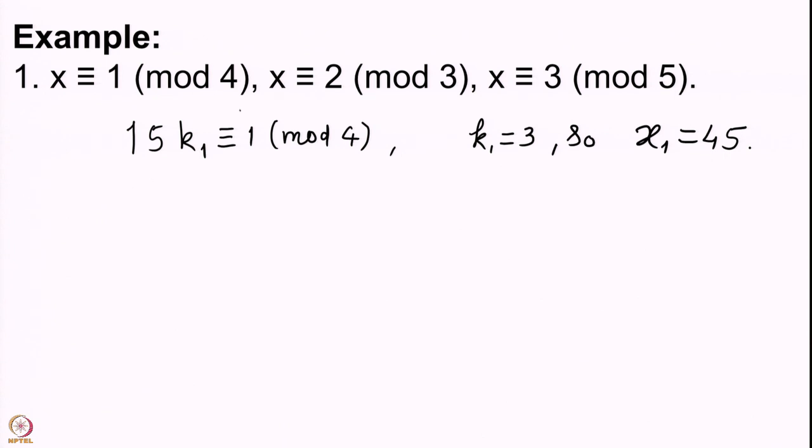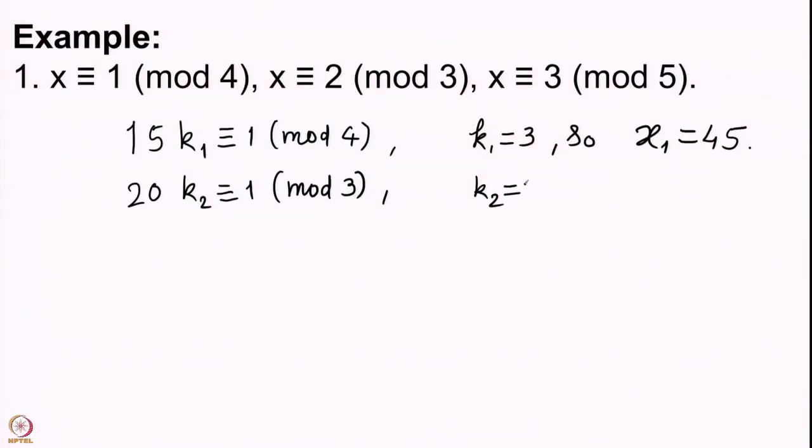After that we look at 4 into 5 which is 20 K2 congruent to 1 mod 3. So remember 20 itself is congruent to 2 mod 3. So if I multiply 20 by 2 I get 40 which is congruent to 1 mod 3. So K2 is 2 and x2 is 40.